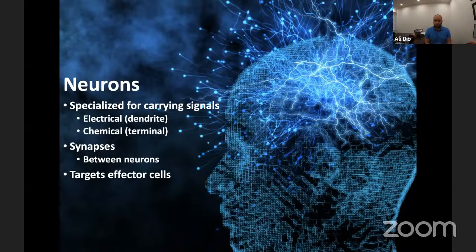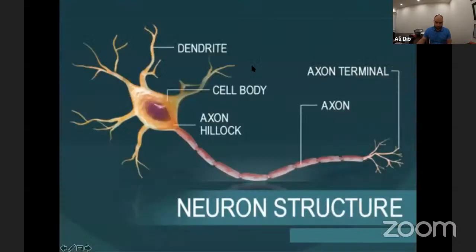They connect at points between each other called synapses, and they target effector cells. So here is the structure of the neuron, and we're going to go piece by piece through what each of these things does.